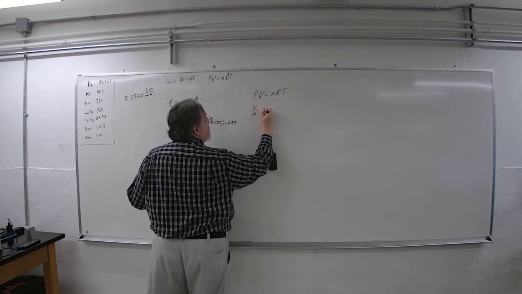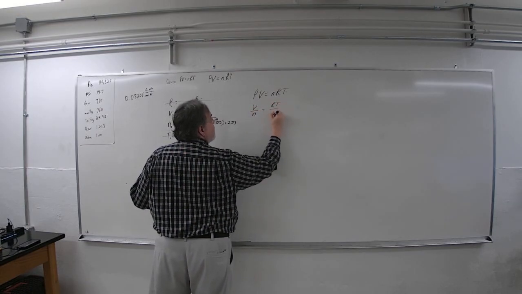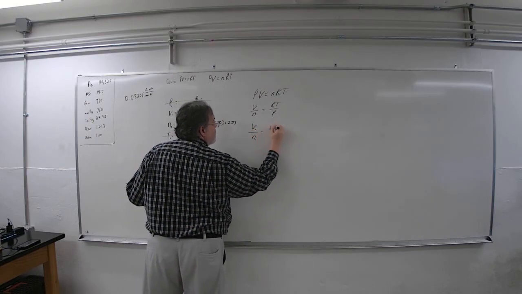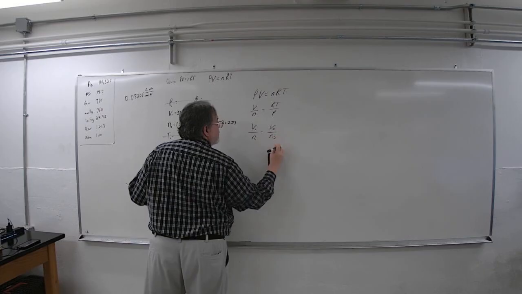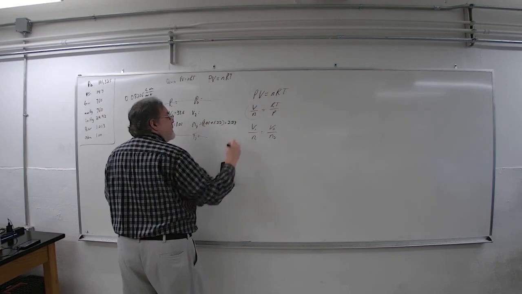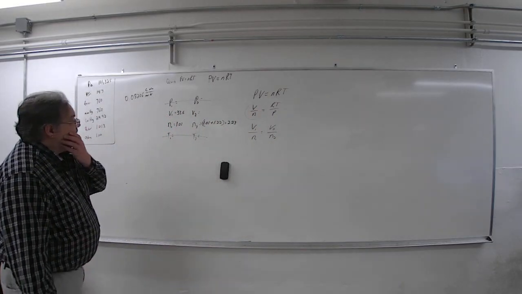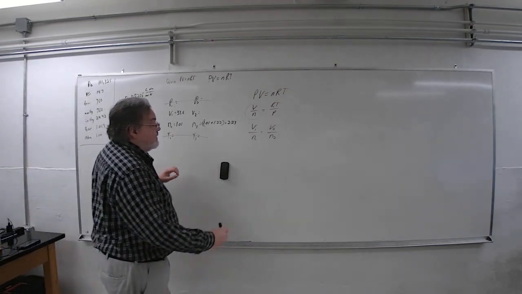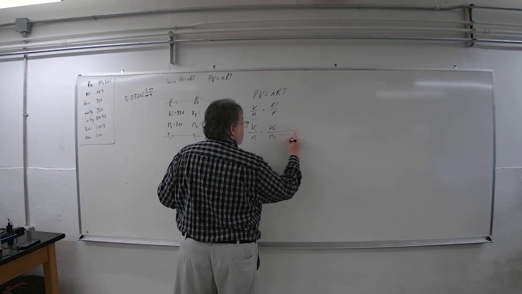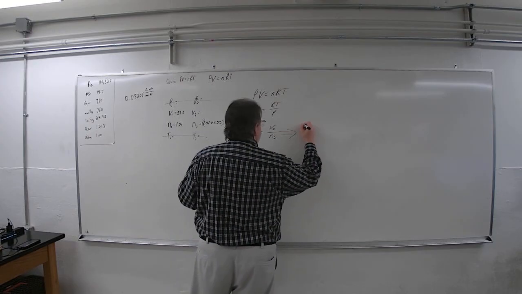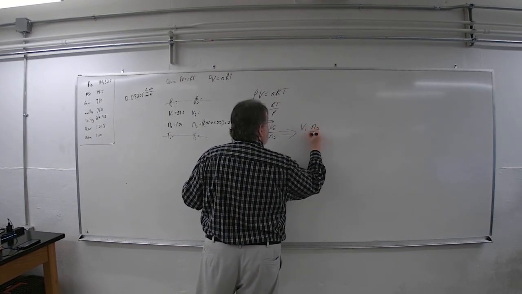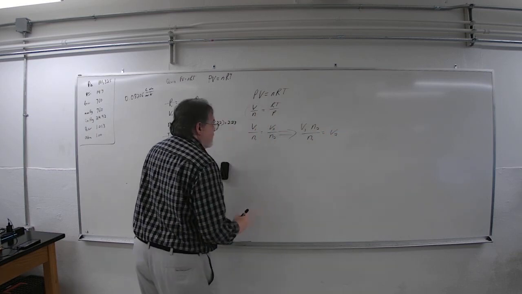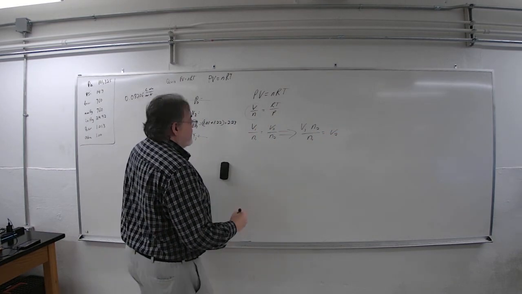So a little algebra gets me here: V1 over N1. We're solving for V2, so multiply both sides by N2 and volume 1.